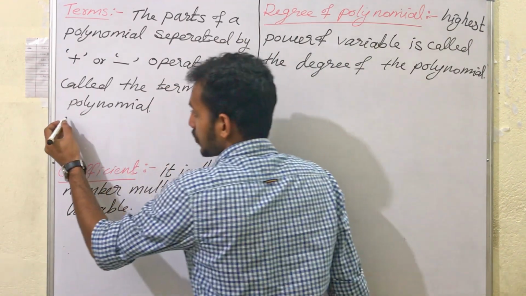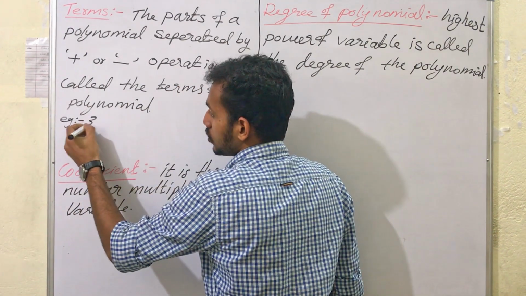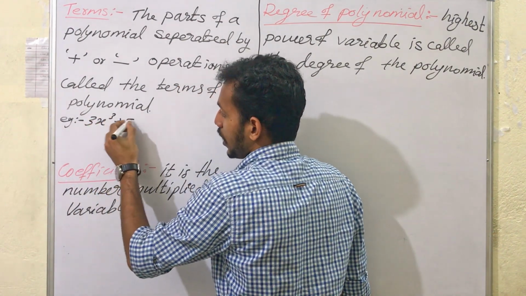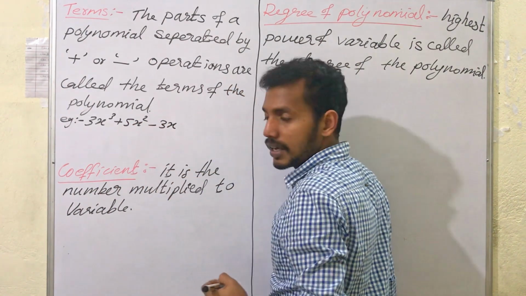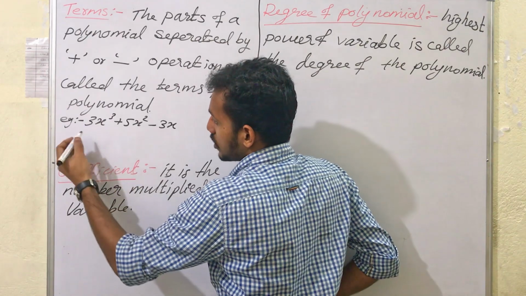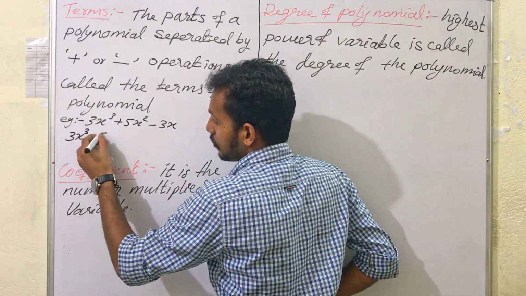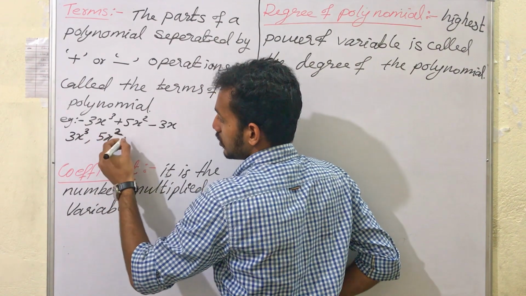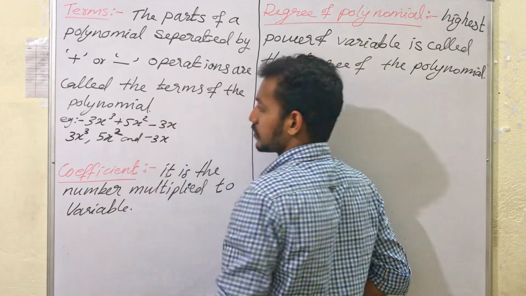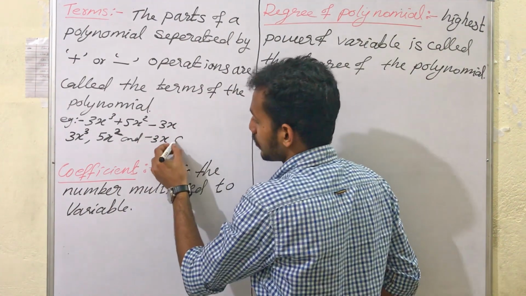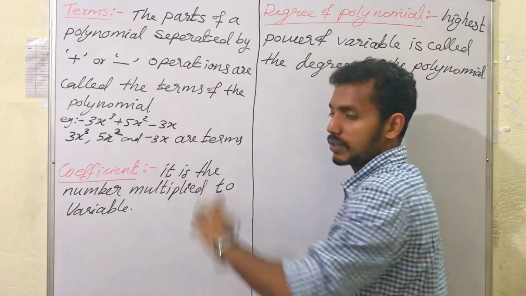For example, if you write a polynomial 3x cube plus 5x square minus 3x, here 3x cube and 5x square and minus 3x are terms of this polynomial.